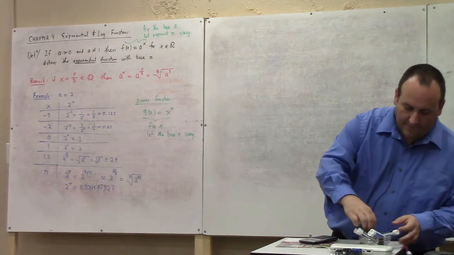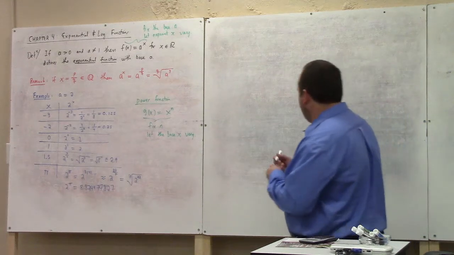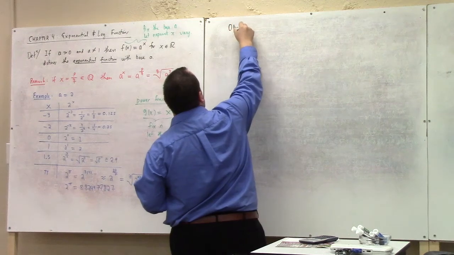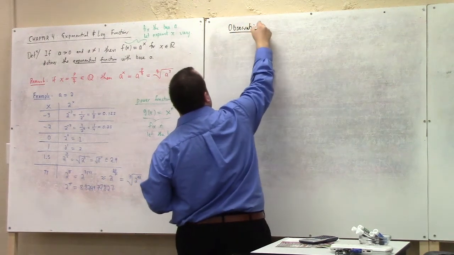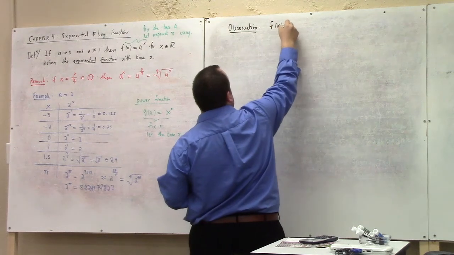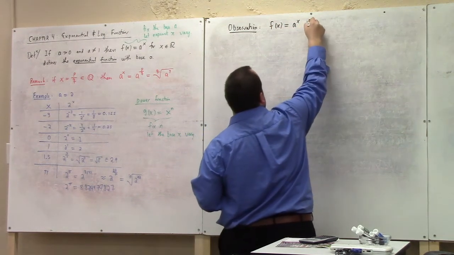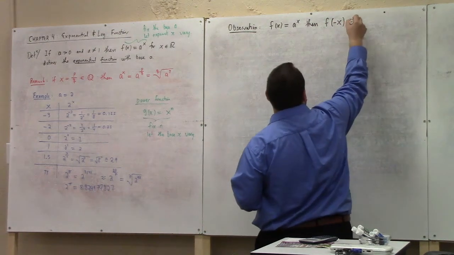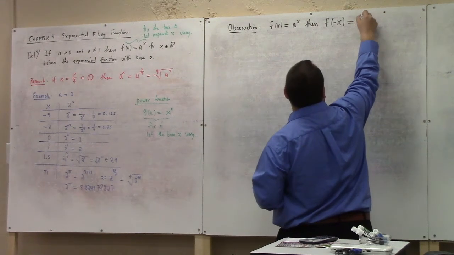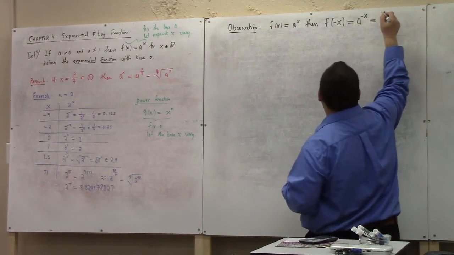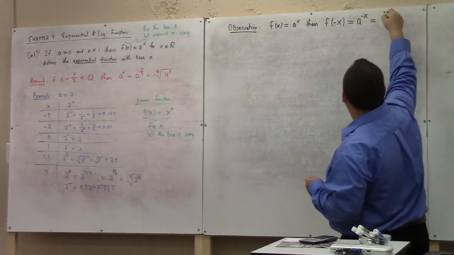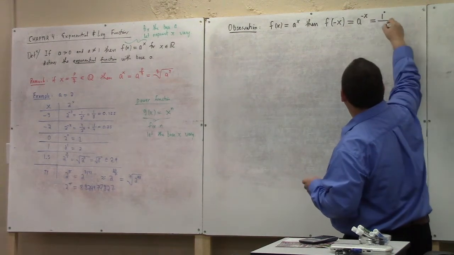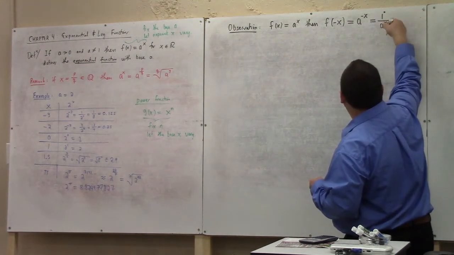Okay, let's talk about different cases. Let's say observation: if we have f of x equal to a to the x, then what's f of minus x equal to? A to the minus x, right? Can you rewrite that? That's also equal to 1 over a to the x, but the x becomes positive because we moved it downstairs.